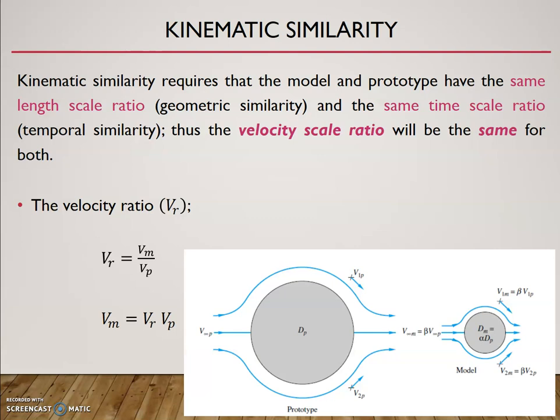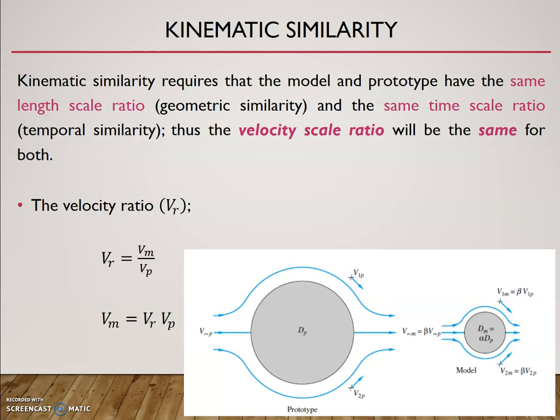In this figure, you can see all the model velocities at corresponding points are equal to the prototype velocity at the corresponding point multiplied by a constant. That constant is beta. For location 1, V1P times beta is equal to V1M.